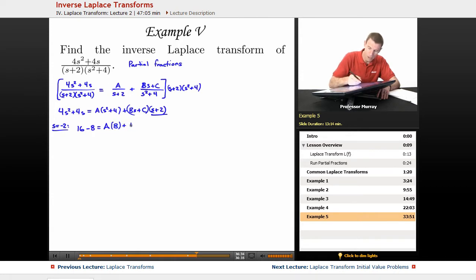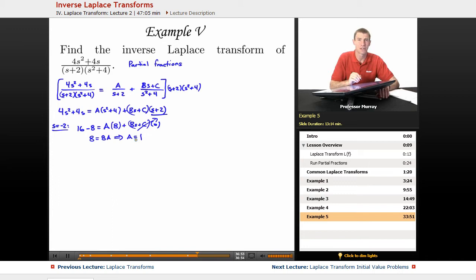The whole point here is that the Bs plus C terms get multiplied by 0, and therefore they drop out. So we get A times 8 is equal to 8, and right away we figure out that A is equal to 1.